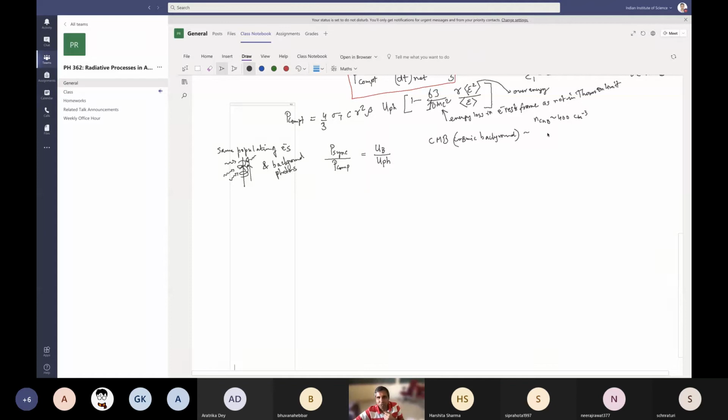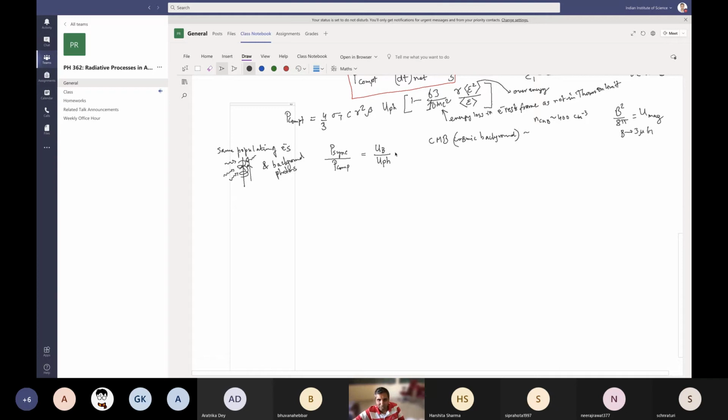So for the CMB energy density, B squared by 8 pi is the energy density of magnetic fields. The energy density in CMB photons is such that B of 3 microgauss, if you put 3 microgauss here, would be the CMB energy density.